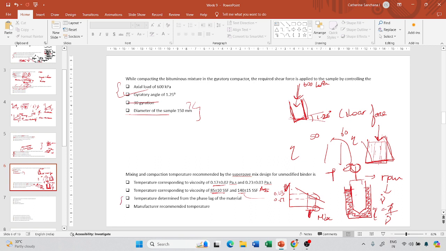Yeah, these two will hold more for modified bitumen, because modified bitumen is what will exhibit non-Newtonian behavior even up to a very high temperature, say 150 degrees Celsius.